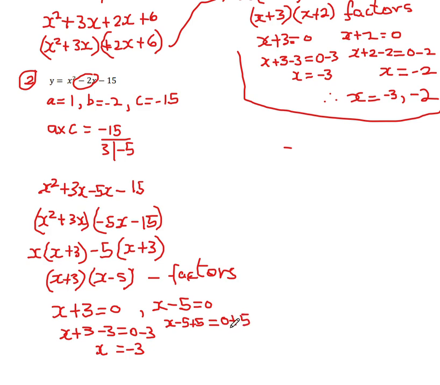So on the other side, I'm going to have 0 plus 5. Now negative 5 plus 5 here is going to be 0. So x would be equal to 5. And so we have now come up with the solutions for this quadratic, which are x equals negative 3 and 5. Remember that the solutions for an equation, such as a quadratic equation in this case, represent the x-intercepts.